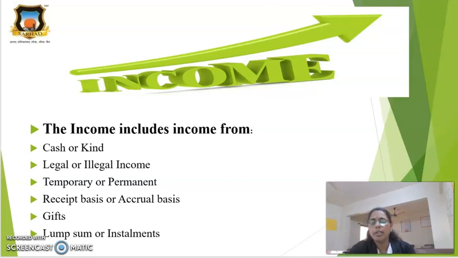The term income also includes loss. Loss is nothing but minus income. The benefit of carry forward and set off of losses is available. So a revenue receipt is taxable as income subject to some exemptions, and capital receipts are normally not taxable, subject to certain exemptions provided in the Income Tax Act.